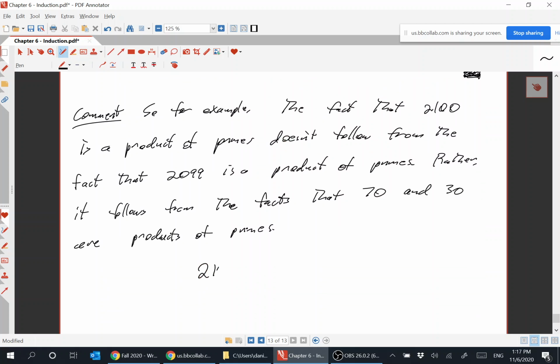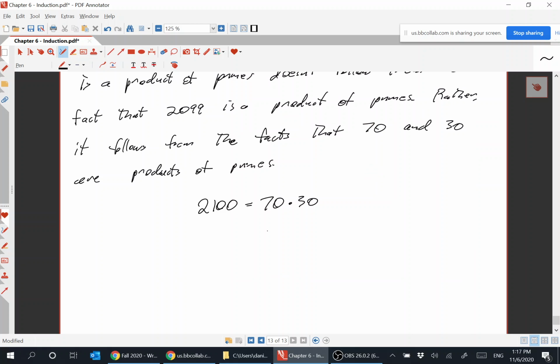So, for example, 2100 is equal to 70 times 30. 70 is equal to 2 times 5 times 7. 30 is 2 times 3 times 5, which is a product of primes. 70 is a product of primes, 30 is a product of primes, and 2100 is a product of 70 and 30, and so is a product of primes.